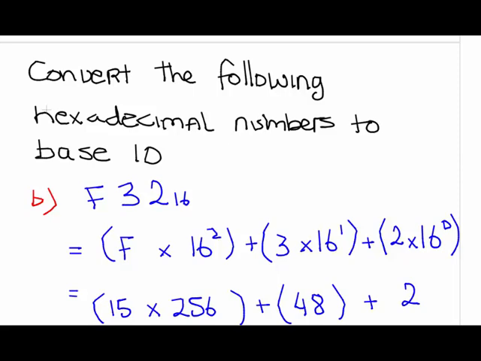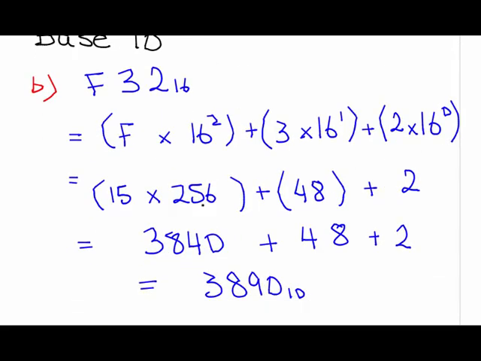And f, when we write that out in decimal, becomes 15. So 15 times 256 gives us 3,840. 3 times 16 to the power of 1 is 3 times 16, which is simply 48. And 2 times 16 to the power of 0 is simply 2 times 1, which is 2.